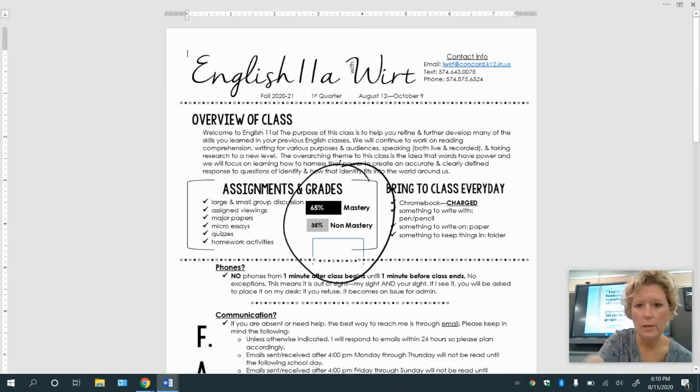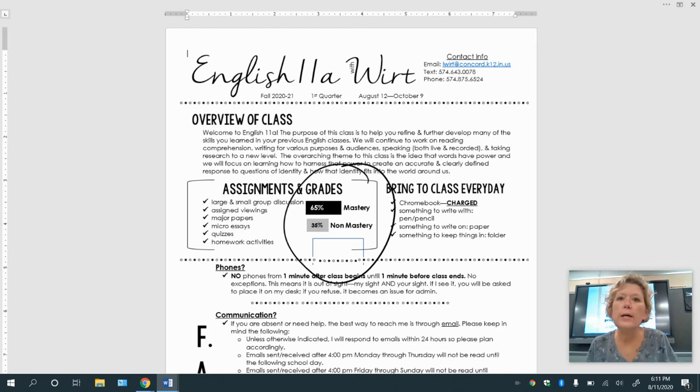Okay, there we go. I want you to pay attention to that portion right there where it talks about mastery and non-mastery. You're only going to have a handful of mastery assignments. However, they're going to be worth 65% of your daily grade. These are the assignments that fall at the end of lots of different practices or non-mastery work that we're doing. For example, when you write a narrative essay, that's 65%.